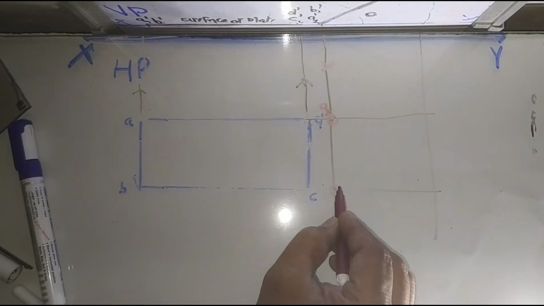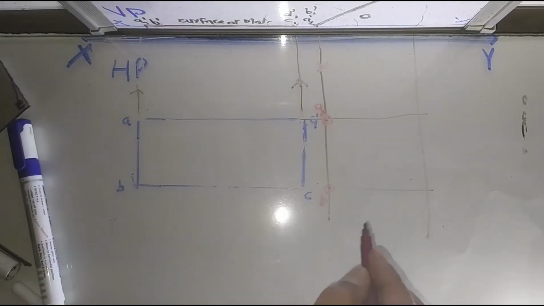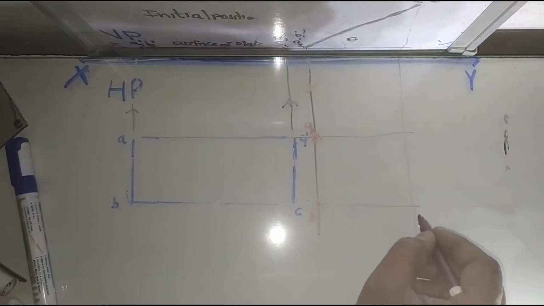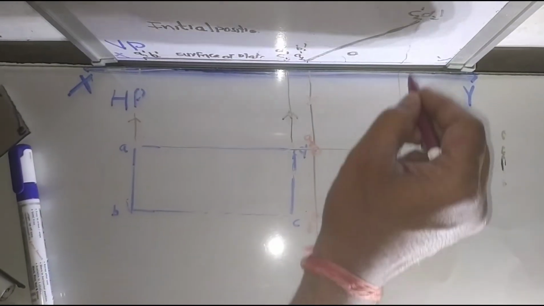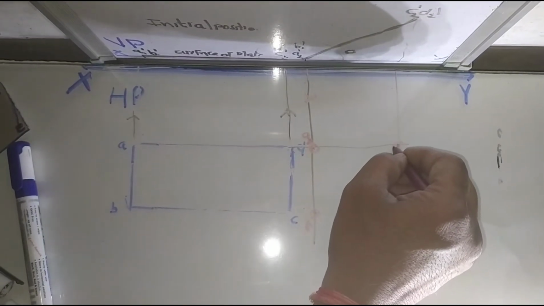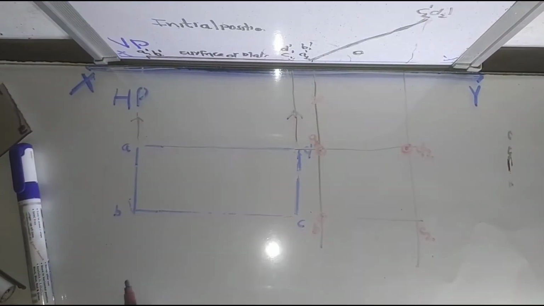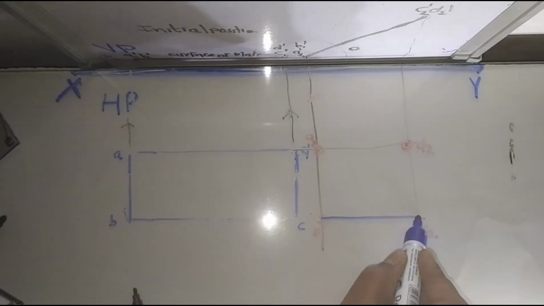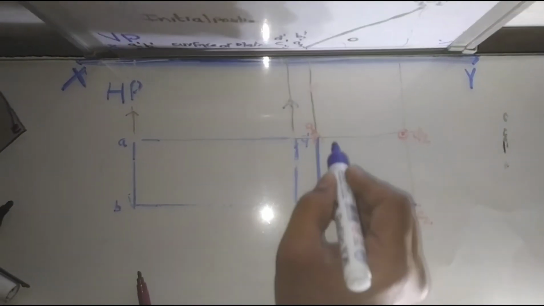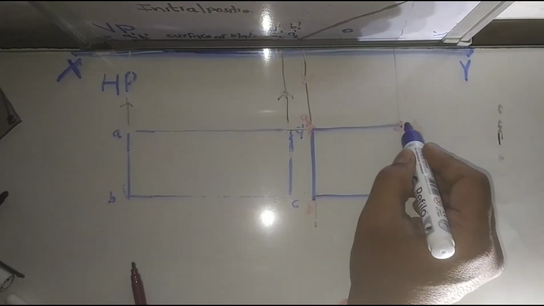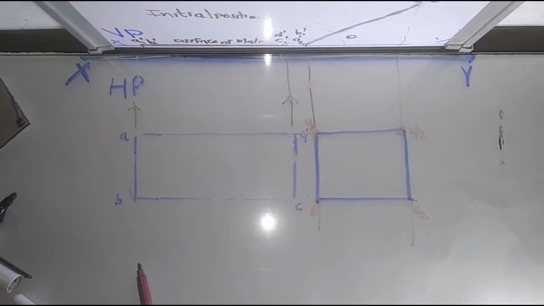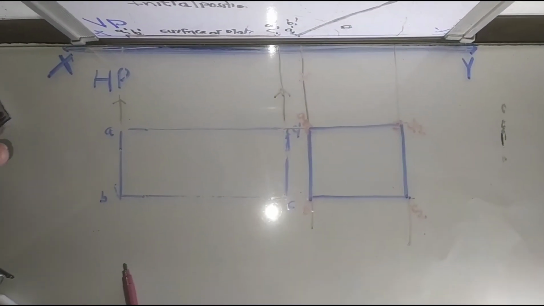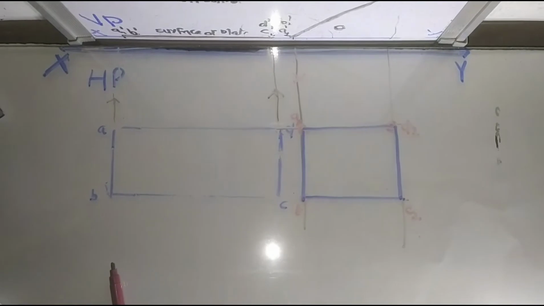Here is B. This is the projector of C, the vertical line of C, C2. And this is the last point, D2. Now I will darken it. This is the final position, the inclination of the plate with respect to HP.